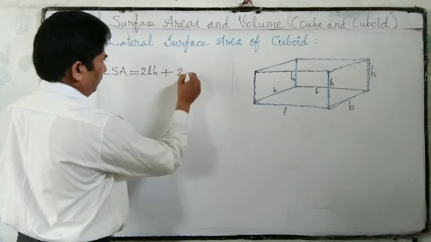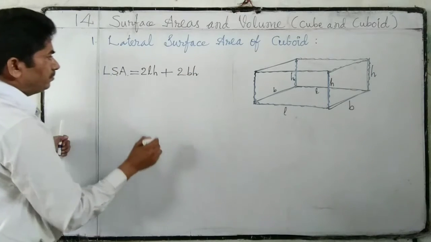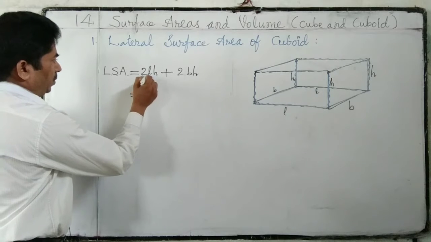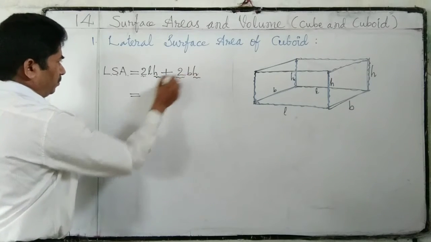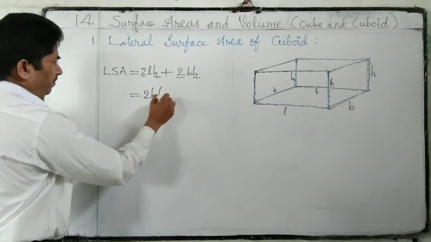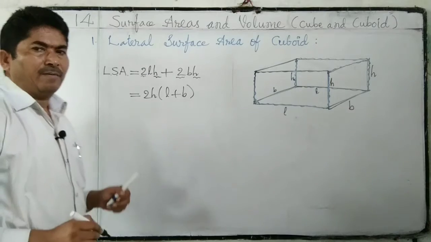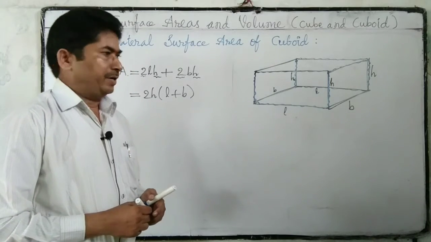Two of BH. So 2 is common and H is also common. So 2H of L plus B. So this is the lateral surface area of a cuboid.